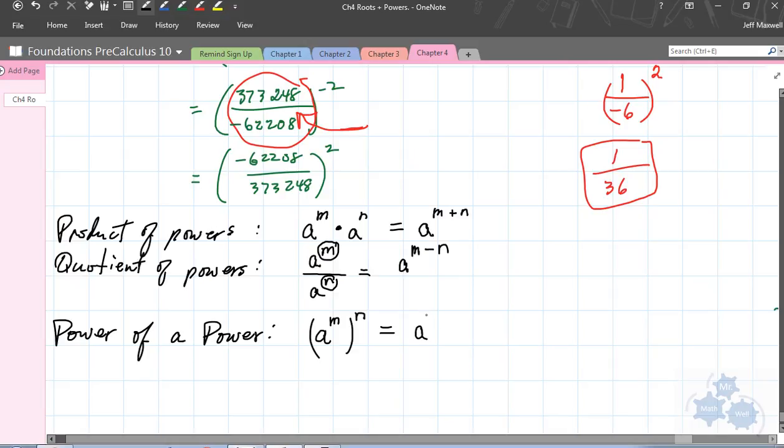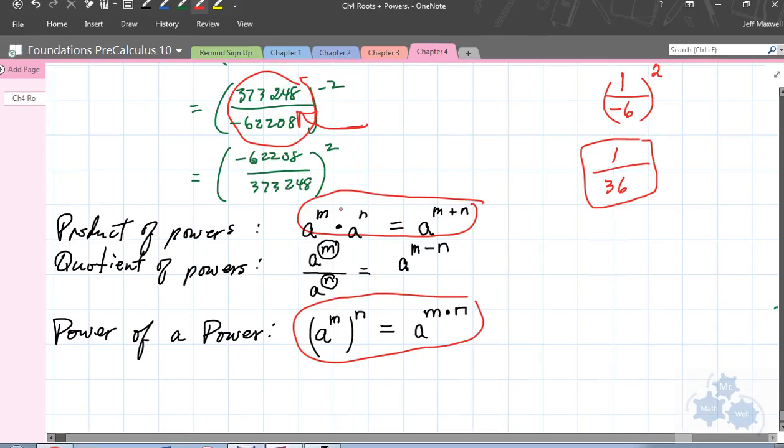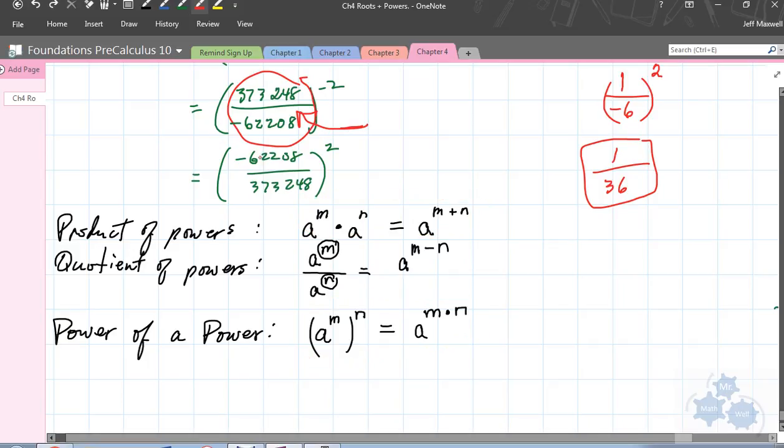Multiply. Yes, so it's m times n. Power raised to a power, you multiply exponents. A lot of students get these ones mixed up. They multiply here because they see multiply, and they add here because they're so close together. So don't get those mixed up, okay?